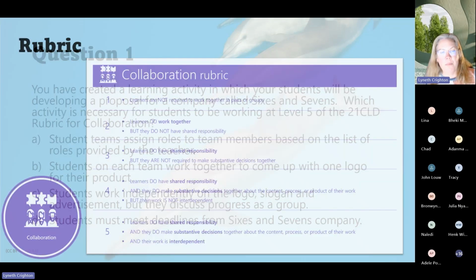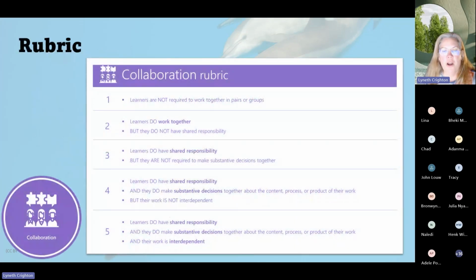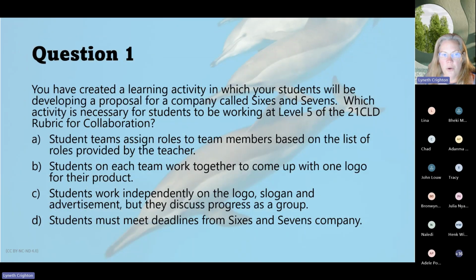So if we look back at level 5, they've got to have shared responsibility, substantive decisions, and their work is interdependent. So which one of those, if you could just type in the chat A, B, C, or D, which one do you think is the part that makes it a level 5?